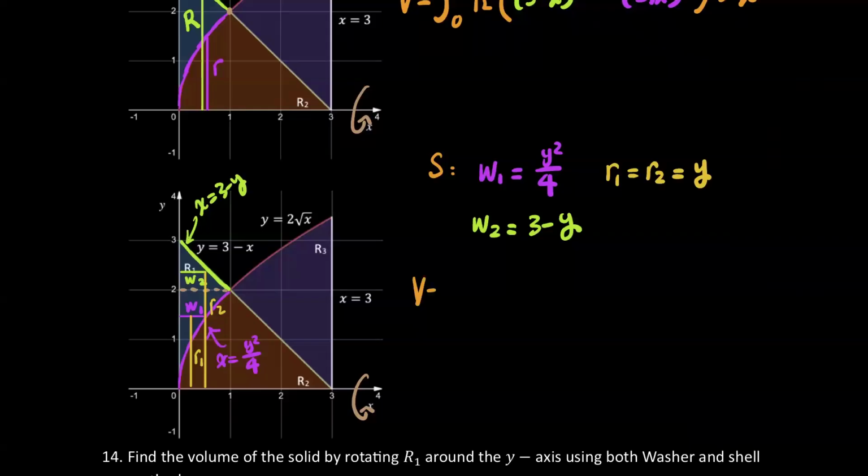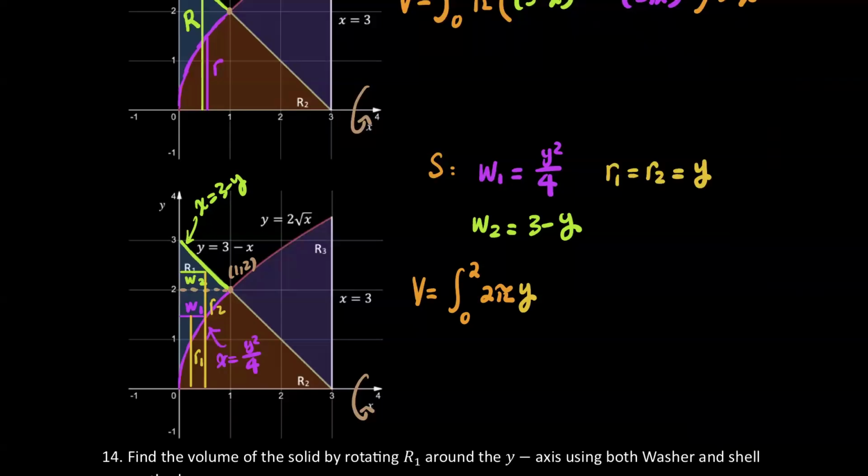So volume is equal to the lower portion goes from 0 to 2, 2 pi r times the width. In this case, it's simple.